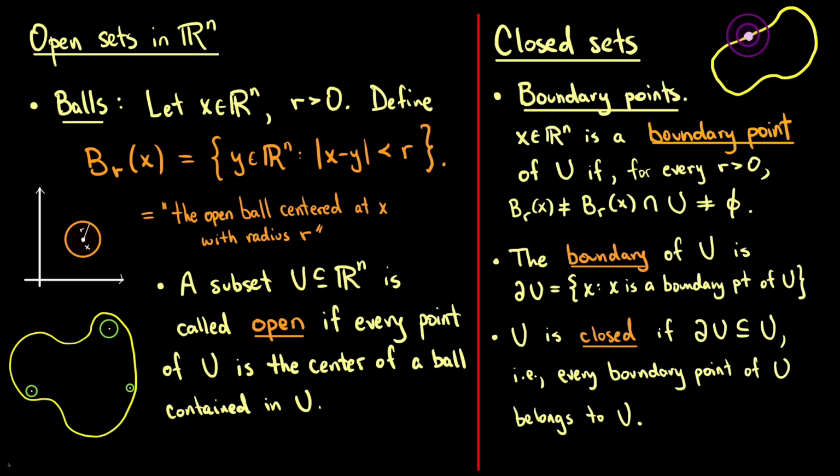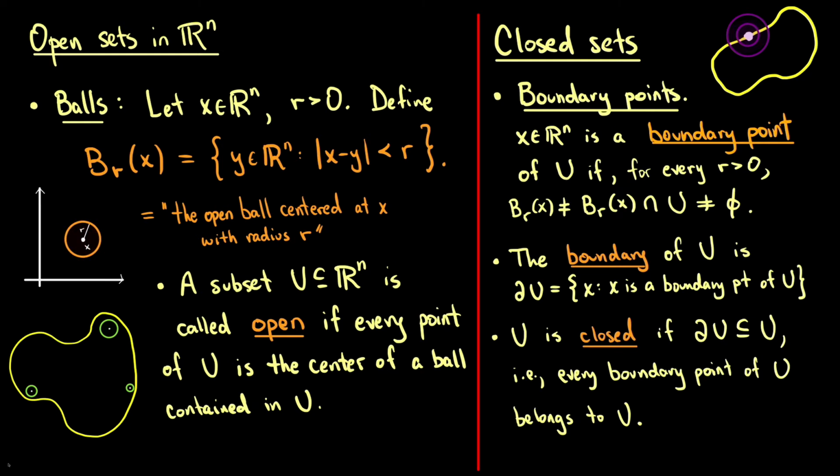So we can visualize it. We have some x. We draw the circle of radius r centered at x. And then the ball is just all the points that are strictly inside, not including the actual circle itself.